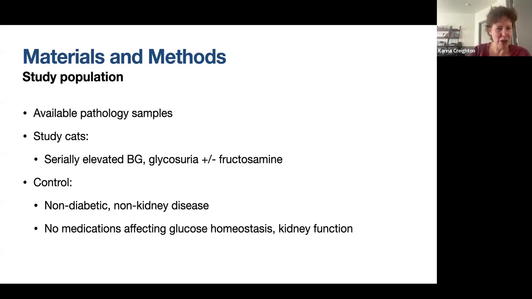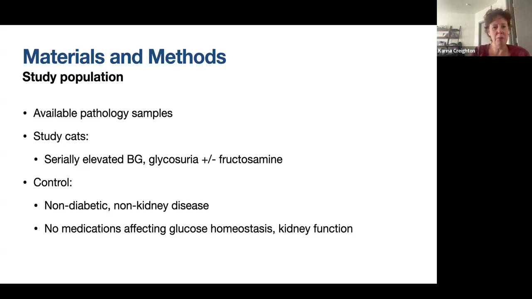I think there was one cat that was greater than 20 years old. I'm not a pathologist, so as to how that length of storage might have affected things, they didn't seem to think it affected the results too much, but I'm not an expert in that to be able to comment too much.